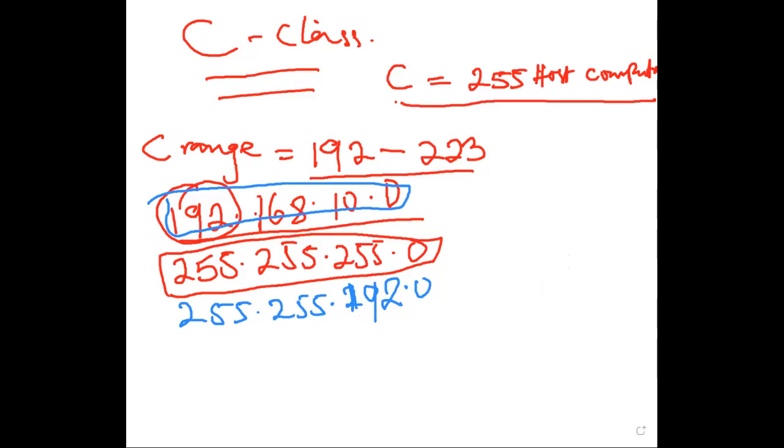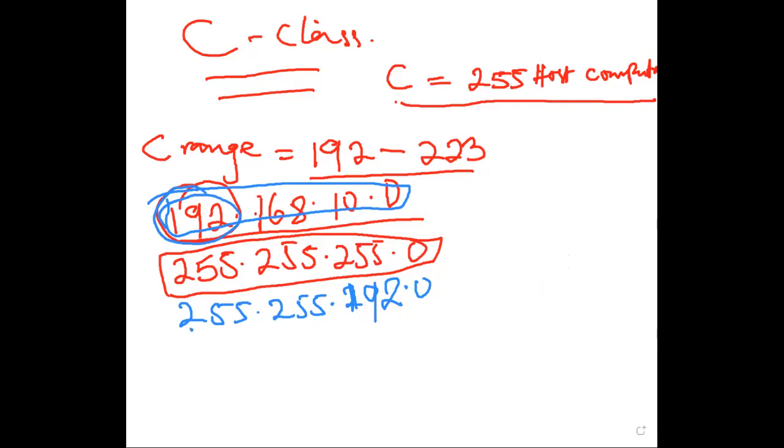192.0. Now I'm asking you, what class is this network? What class do you think this network still falls on? Do you think it falls on a different network? Not at all. The IP address is what determines the class of that network, not the subnet mask.